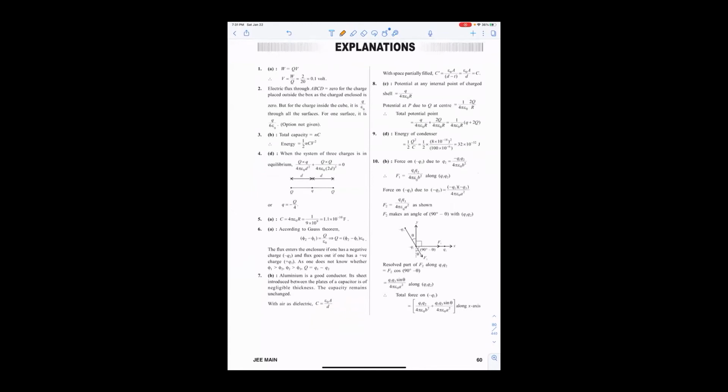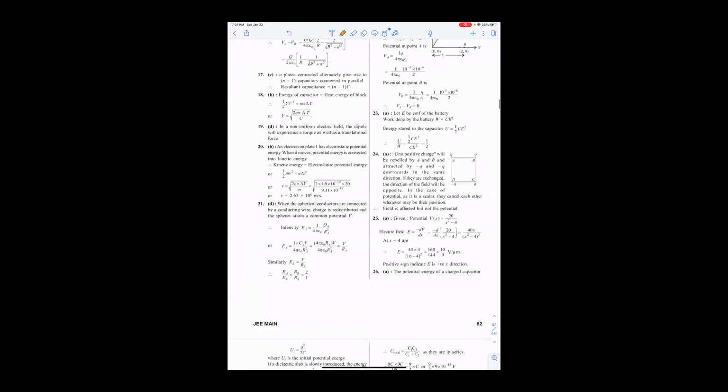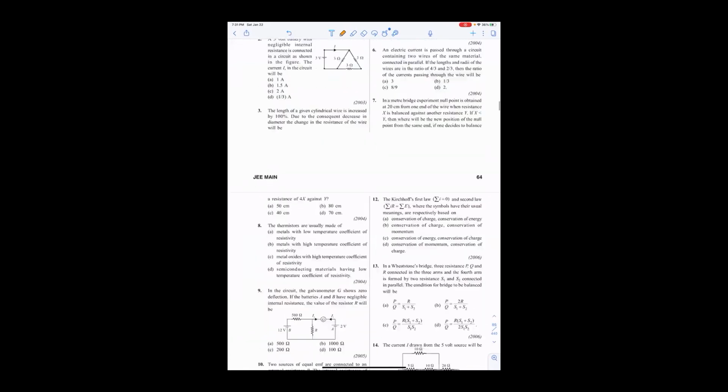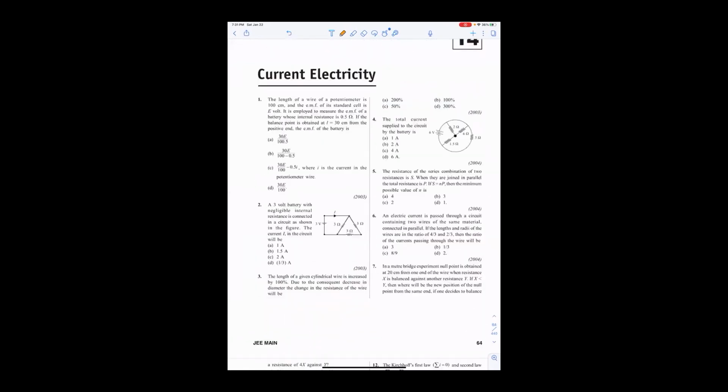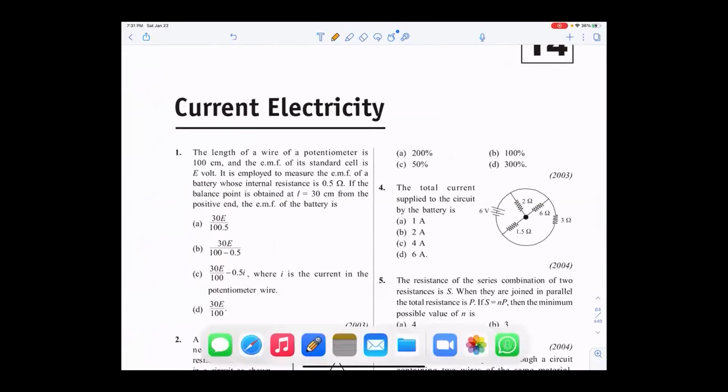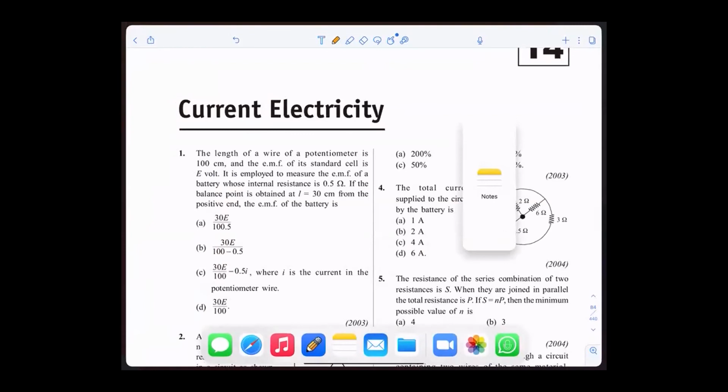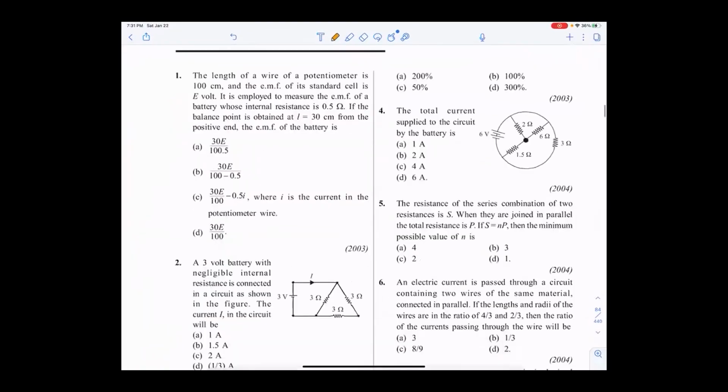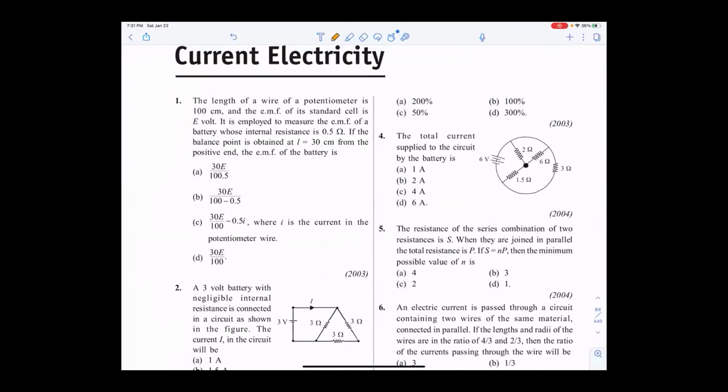Okay, so let us start current electricity questions. If you want me to do it here, the space is not sufficient, that is the only problem.